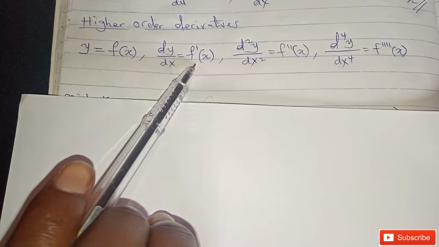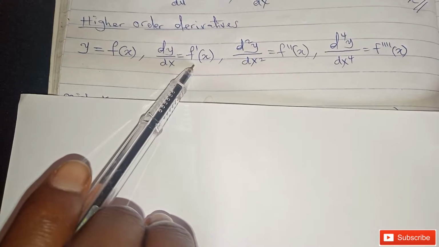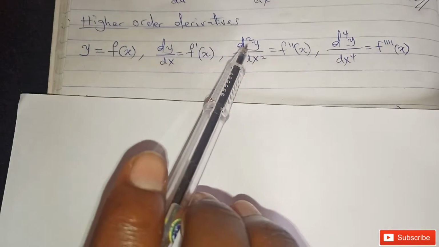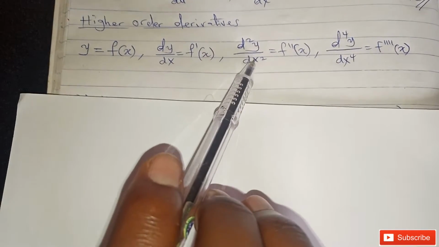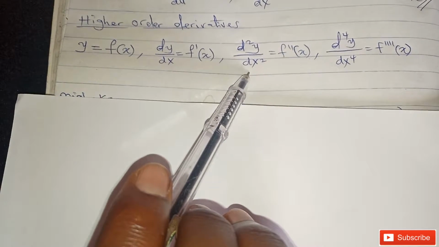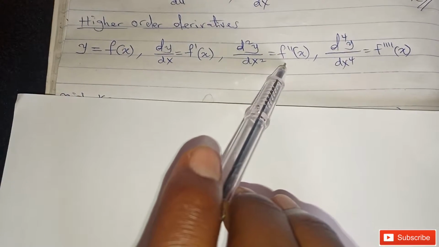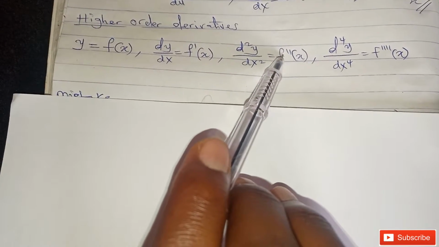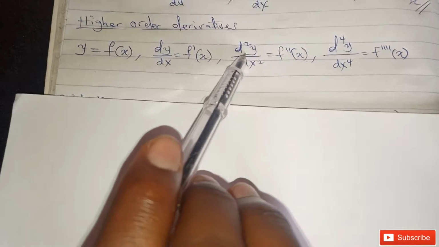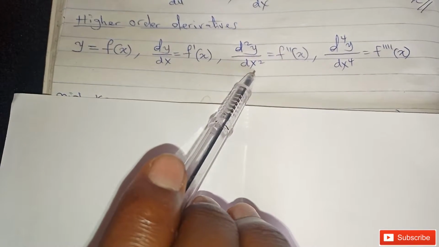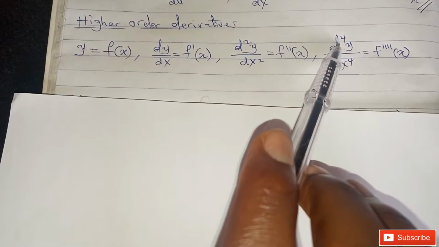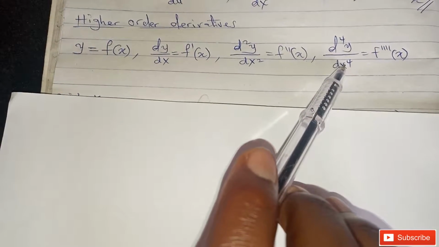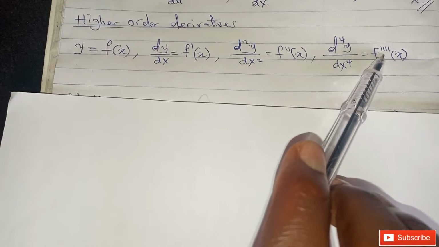The second derivative is represented with d squared y over dx squared, or f double prime of x, telling you you are differentiating it for the second time. Now the fourth derivative will be d4 y over dx4. Okay, that will be f prime prime prime prime of x.